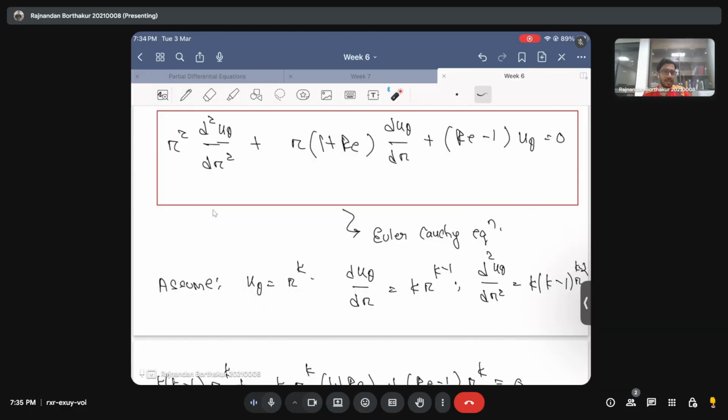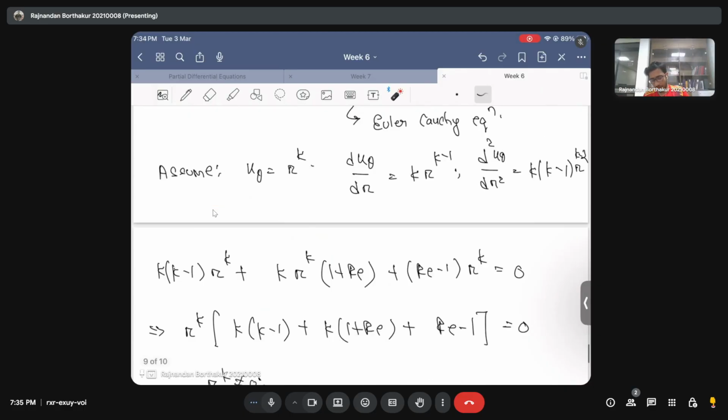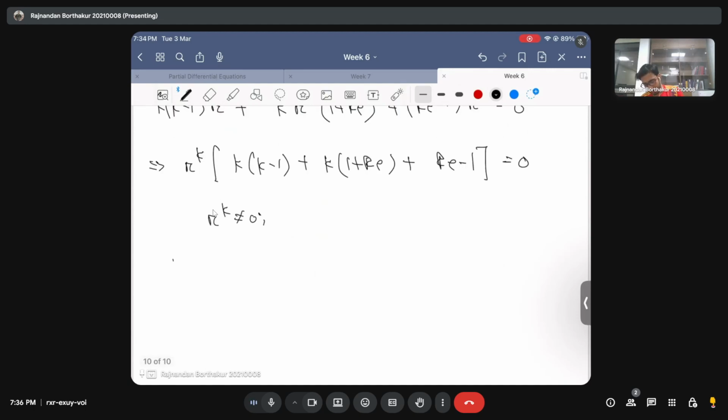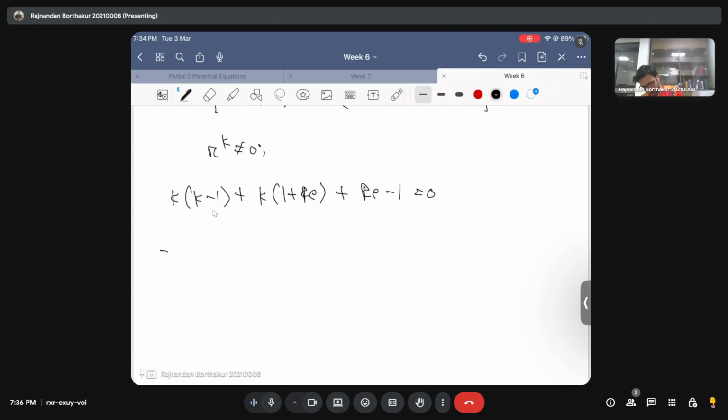Because the boundary condition mandates that at r equal to 1, your u theta is omega times a, which means the only possible solution to the above equation is that k into k minus 1 plus k into 1 plus Re plus Re minus 1 is equal to 0. And this is just a quadratic equation, right?